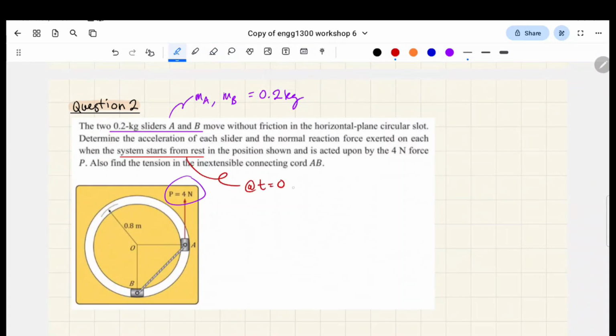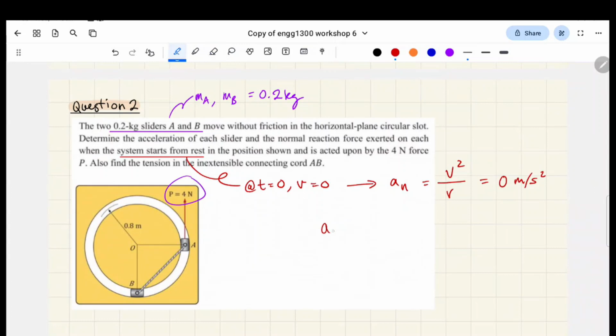So at t equals 0, v equals 0, right? Because it's starting from rest. And so this is going to affect one of our formulas, which is our normal acceleration, right? And because of this, the normal acceleration is going to equal 0 meters per second squared.